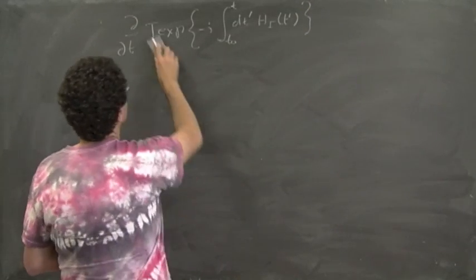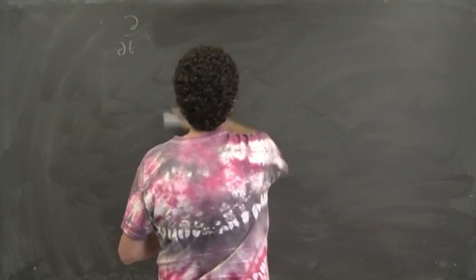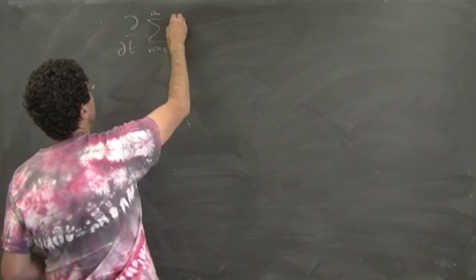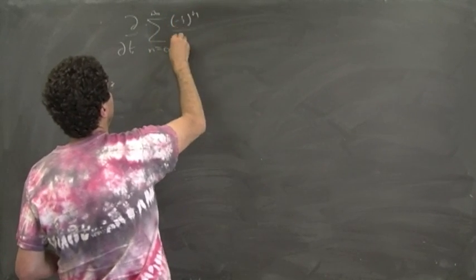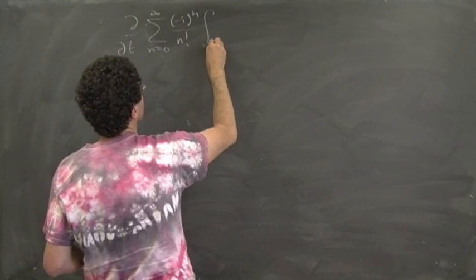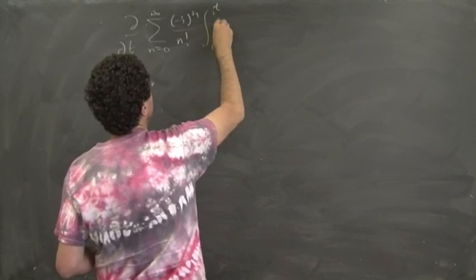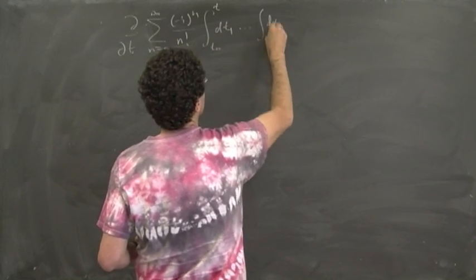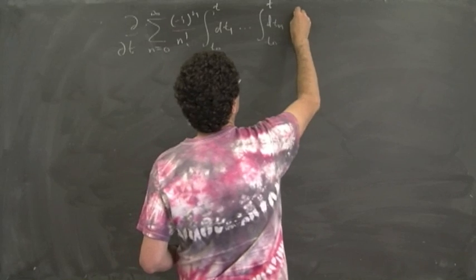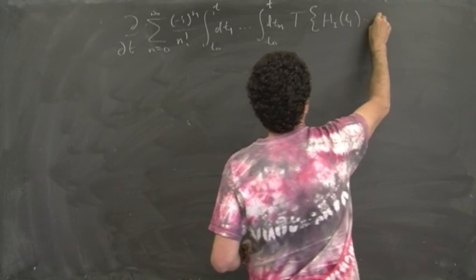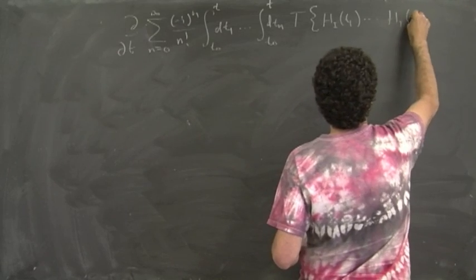Sorry, I shouldn't have written this out. Let's just write out the sum, which is the actual thing that it is. This is n equals 0 to infinity, minus i to the n over n factorial. Then we have these integrals all going from t naught to t, dt1 through dtn, of the time-ordered product of hi(t1) through hi(tn).